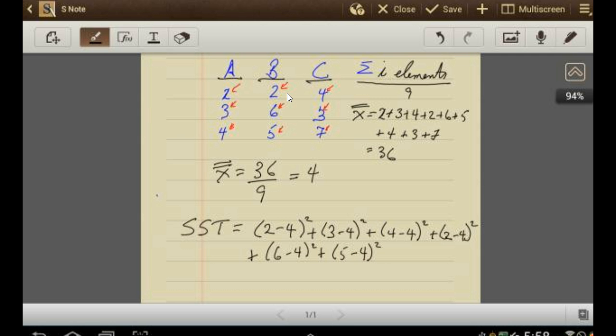Then we go to the next column, column C, plus 4 take 4 squared, plus 3 take 4 squared, plus 7 take 4 squared. Alright, so that's what we are going to be coming together with.